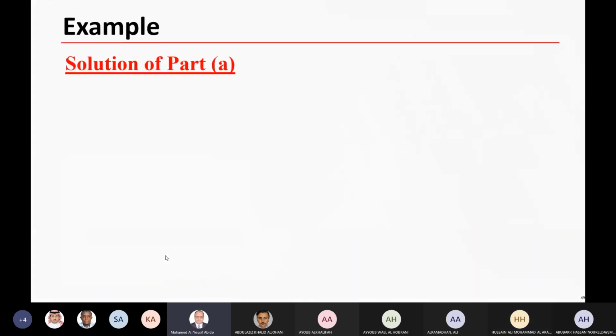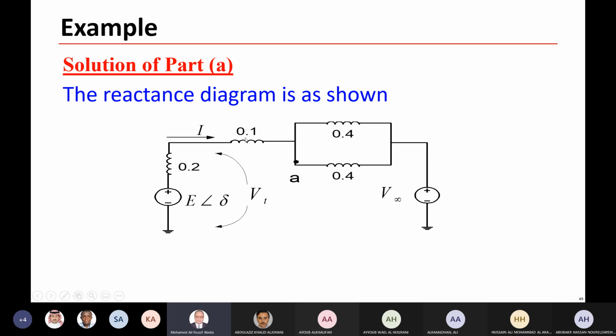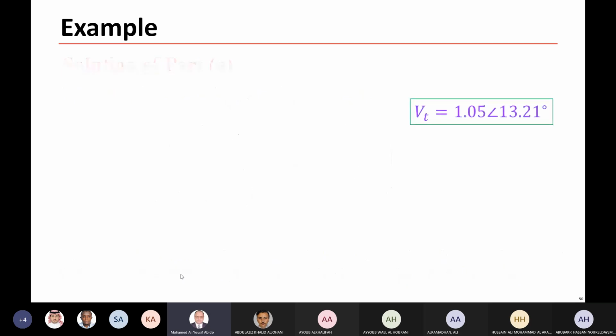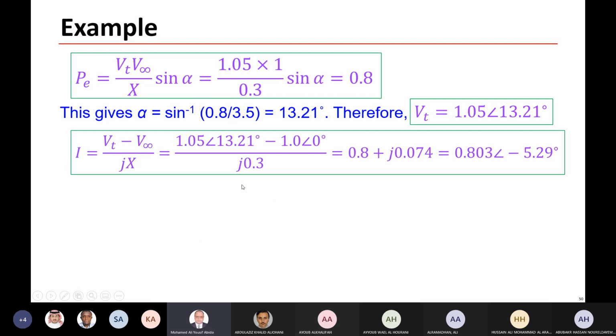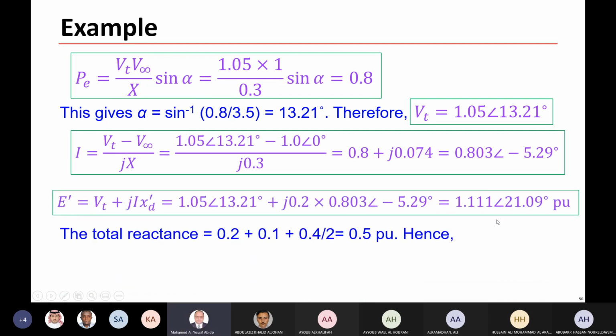Okay, and I think we already solved the problem. Reactance diagram, you have here this and 0.3, and we get the angle of the terminal voltage, and this is the terminal voltage, and then we have the current, and then we have the E prime.